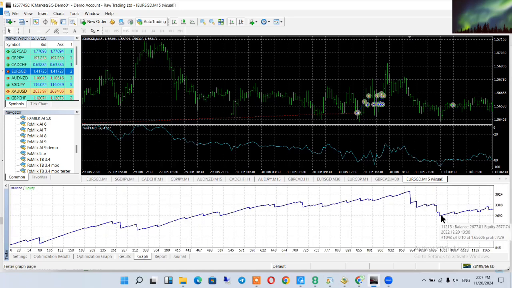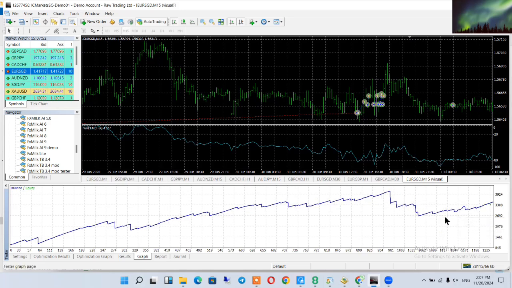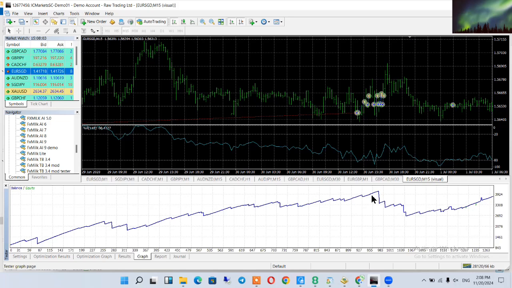I always love to show this to my clients so that they don't have the notion that they have an EA that does not lose. This should be 2022 towards 2023. And of course, this is what happened. I don't know what economic situation happened back then, but something happened. I think that was when Russia and Ukraine started their war.